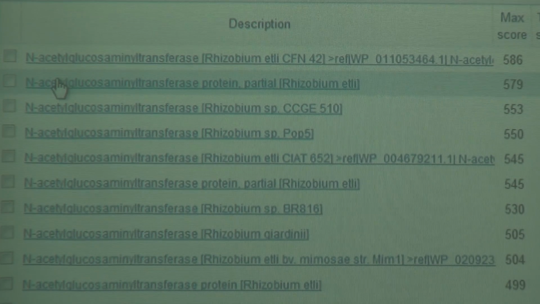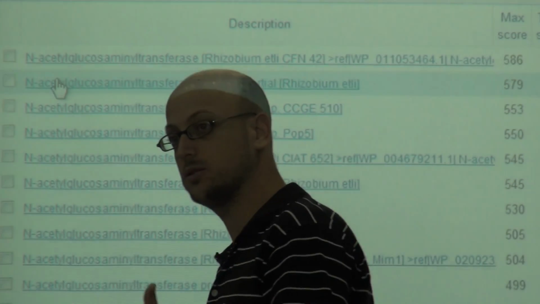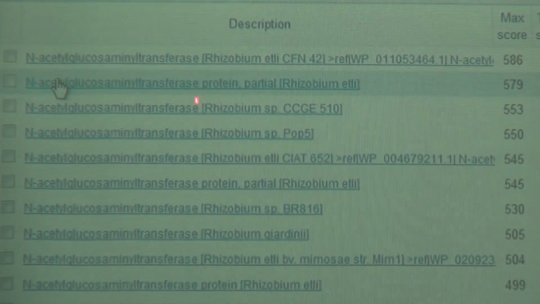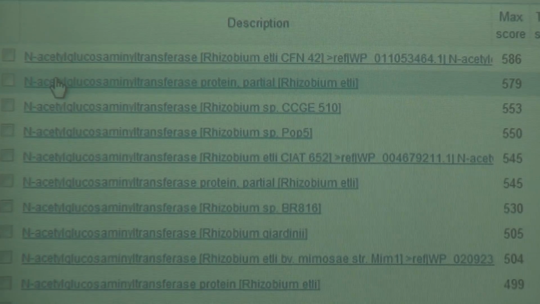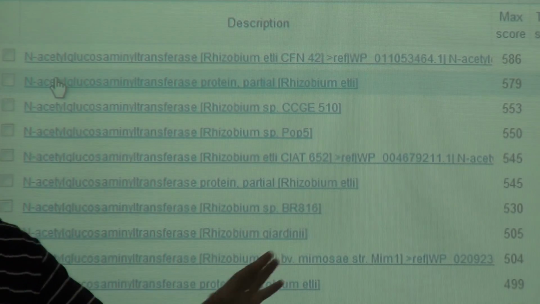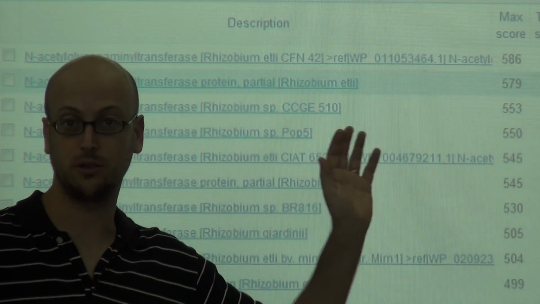So, if we didn't know at all which protein this was, we can now take a look at the results. If I didn't tell you at all which protein this was, it was a mystery protein.